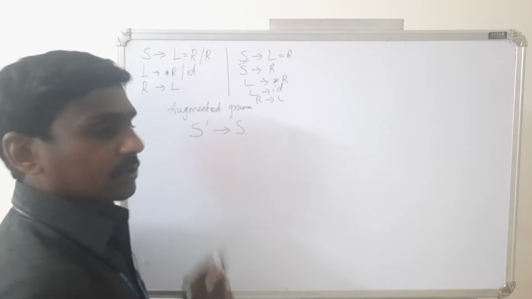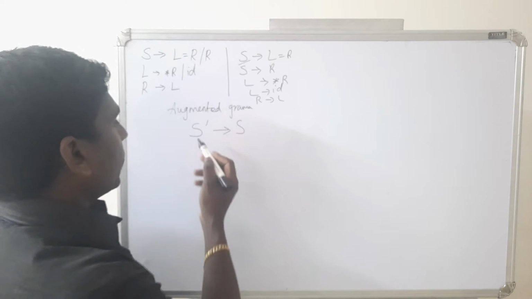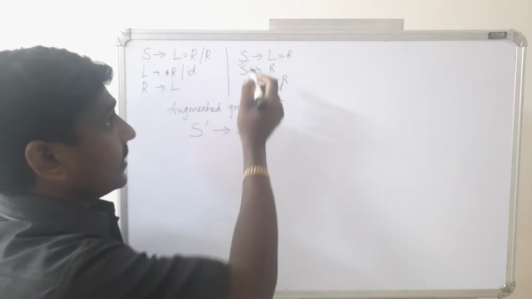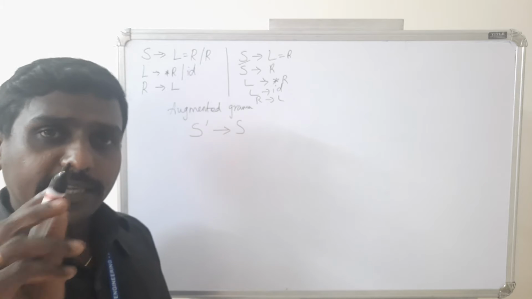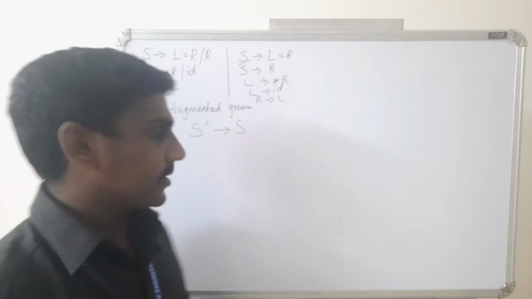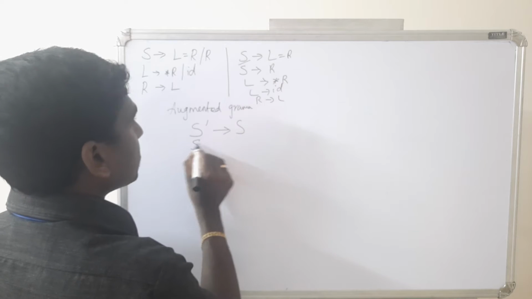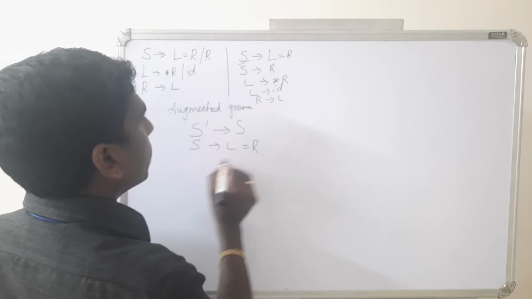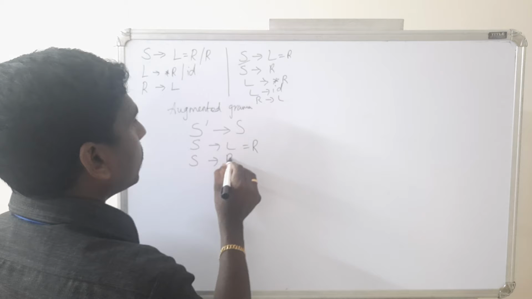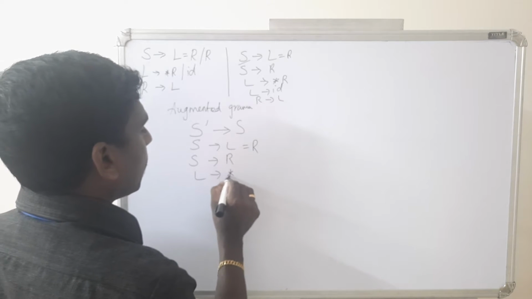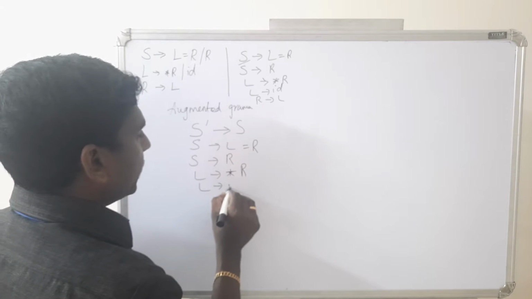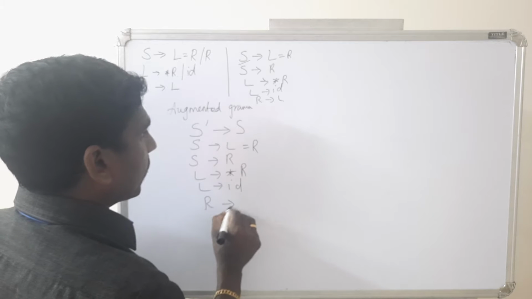I wrote S dash tends to S since S is the start symbol. Then you write the grammar: S dash tends to S, S tends to L equal to R, S tends to R, L tends to star R, L tends to ID, and R tends to L.